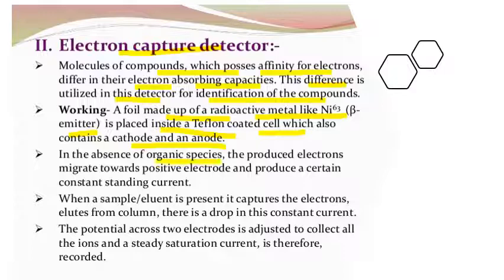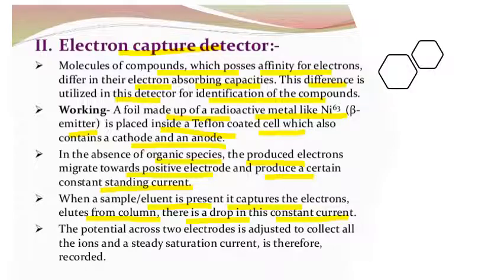In the absence of organic species, the produced electrons migrate towards the positive electrode and produce a constant standing current. But when a sample eluent is present, it captures the electrons, and there is a drop in the constant current.